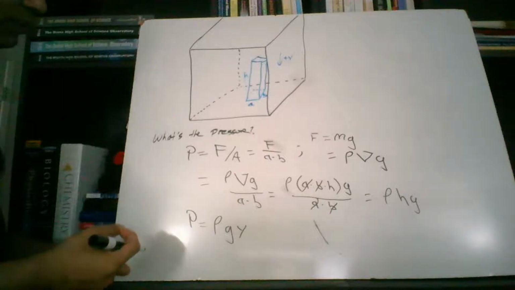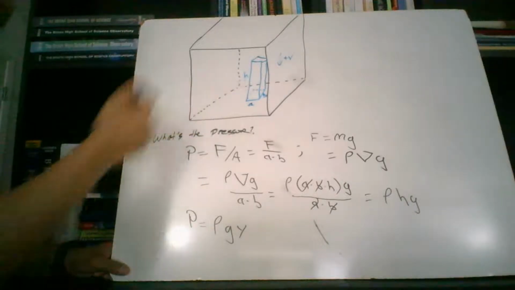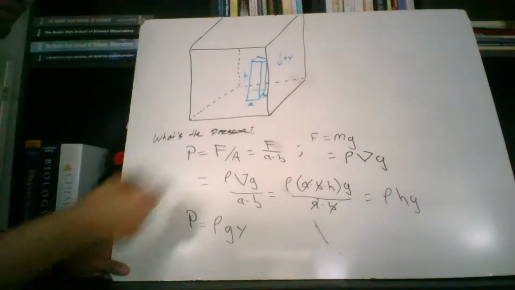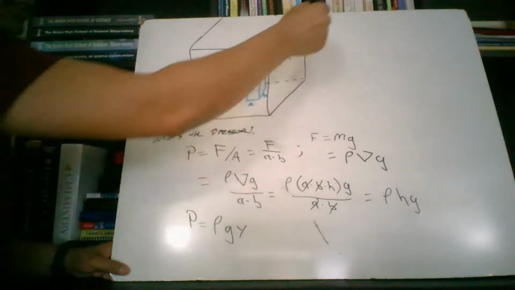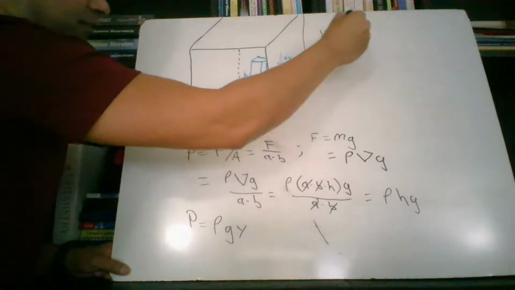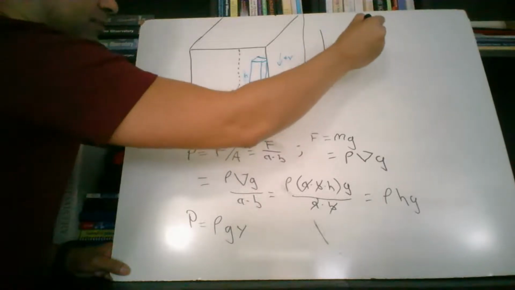For example, let's say that we had this object right here, and we wanted to know the pressure when the depth of this distance right here was 2.4 meters.